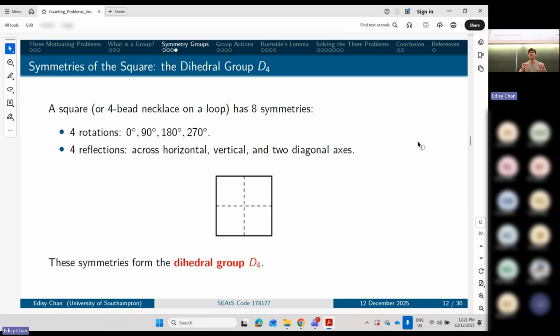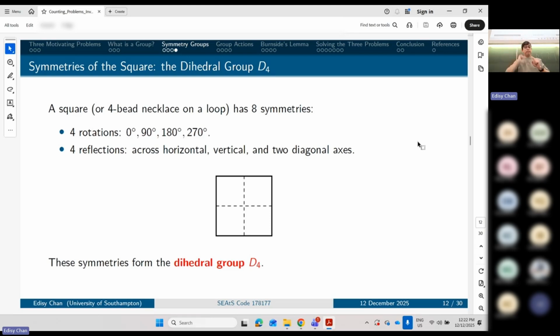Let's also move on to the square, or the lattice. For the lattice, you can think of it as a square. The 4 beads are just the 4 corners. Now think about the symmetry on it. You could just rotate it, so 4 rotations. But you also have 4 reflections: across the horizontal line, across the vertical line, or across the 2 diagonal axes.